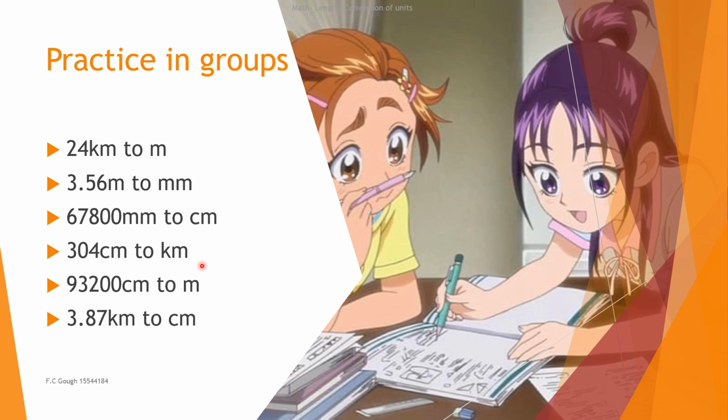Remember adding the zeros. 932,000 centimeters to meters, 3.87 kilometers to centimeters. I'll give you some time to do this by yourselves. When you are done, please come to me from my desk and we will carry on.